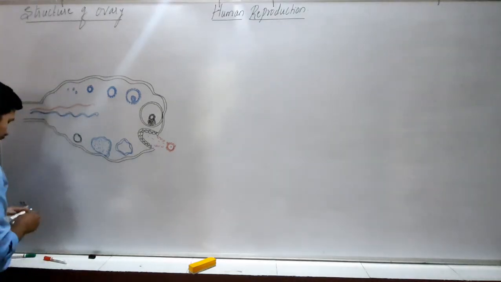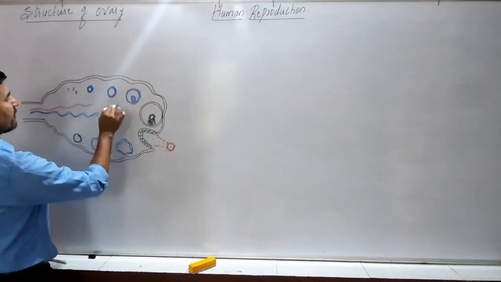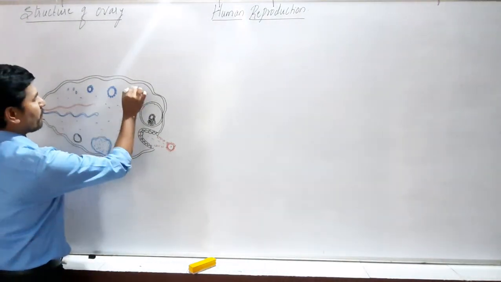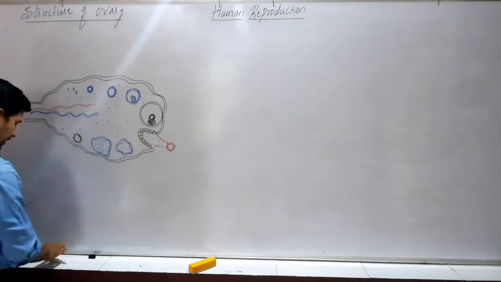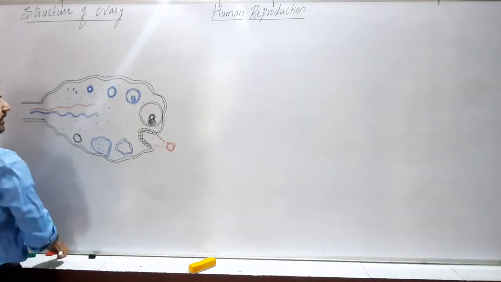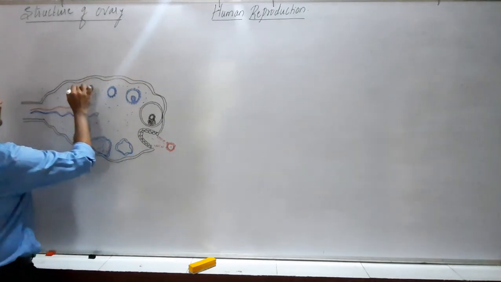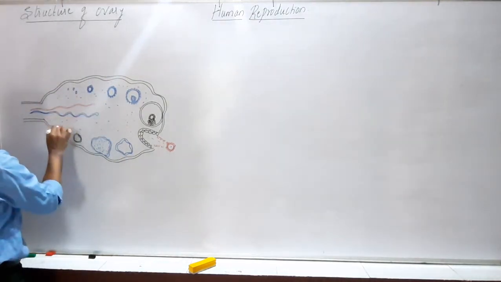Now here, the transverse section of the human ovary appears in this way. So we find all these structures in the transverse section of the human ovary.